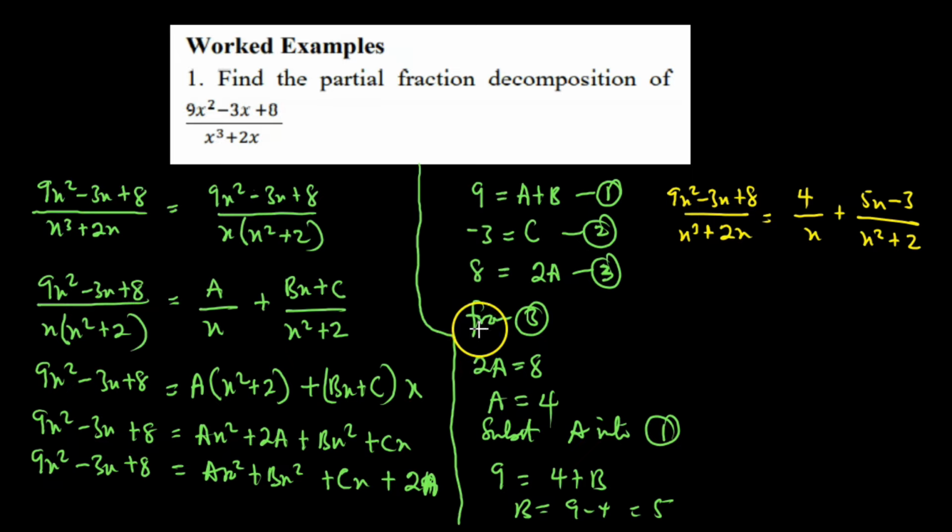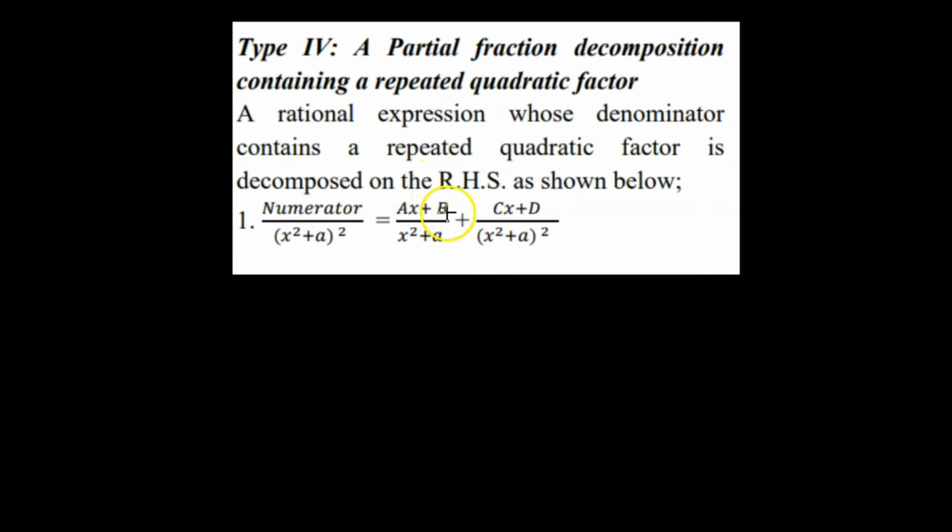So let's take the last one, which is type 4. This time around, it's a repeated quadratic factor. For a repeated quadratic factor, it follows the same as the repeated linear factor. So you write a partial fraction for the quadratic factor, which cannot be factorized into two linear factors.